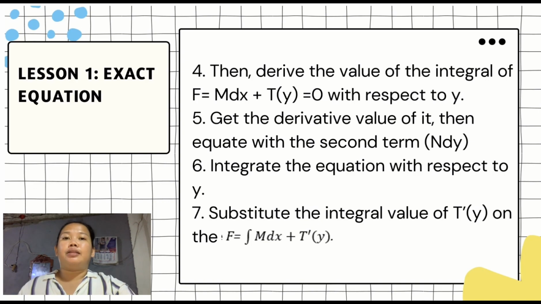Sixth, integrate the equation with respect to y. Seventh, lastly, substitute the integral value of t prime of y into f equals the integral of m dx plus t of y, so that we can have our general solution.